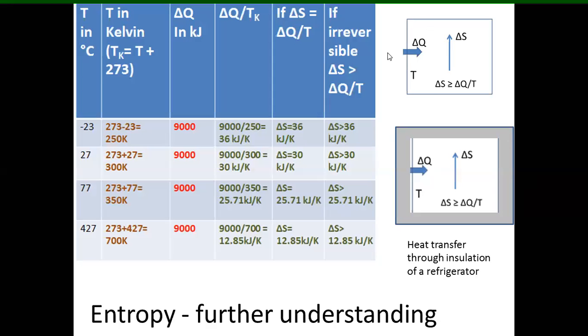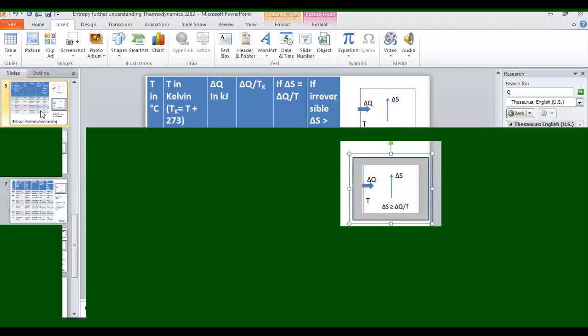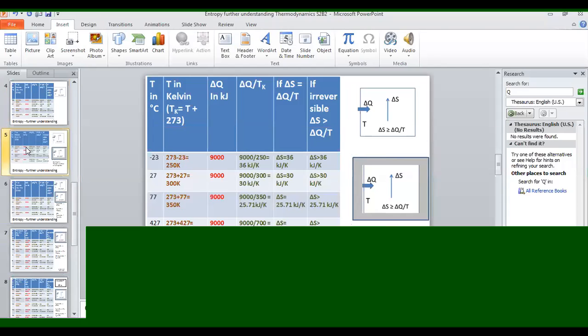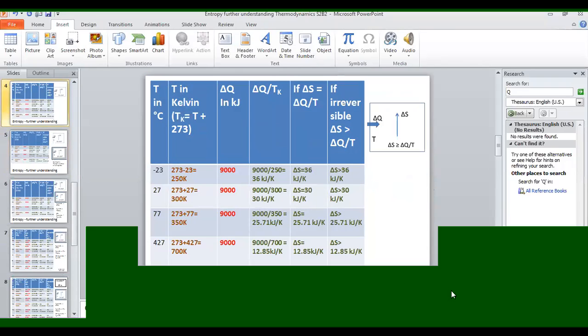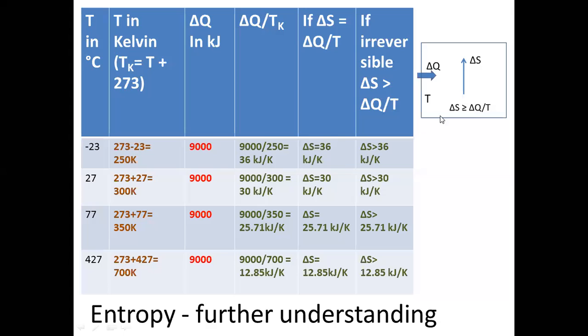This one is the same temperature of the refrigerator. You are increasing the, sorry, this is not about the same temperature. This is a case here for delta Q. So let me correct this. Let me explain from here. Okay, this is the one.